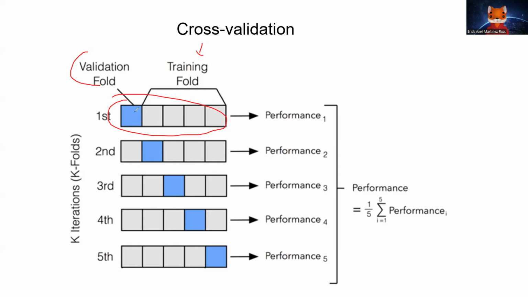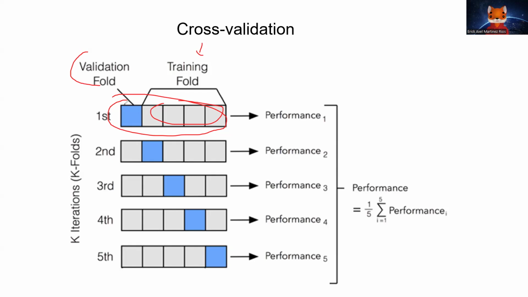But we call it cross-validation because we can repeat this process many times. Another way in which we can name cross-validation is k-fold cross-validation. The idea of k-fold cross-validation is to say, okay, I will be splitting the data set into 5 parts, where I will be using 4 parts of this data set for training the model, and I will leave one for validating.